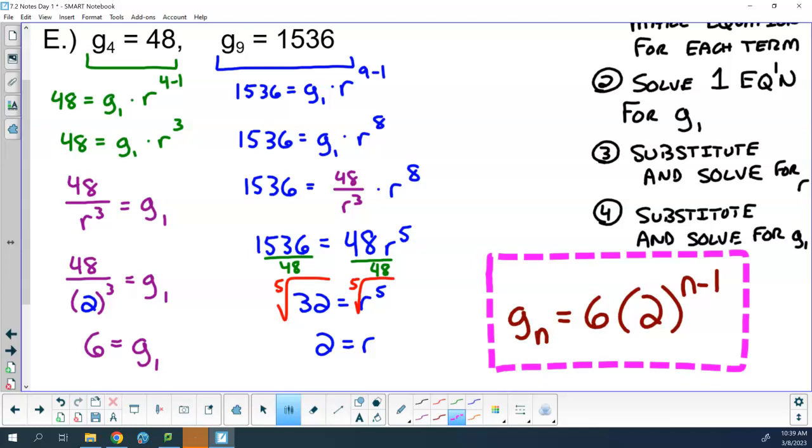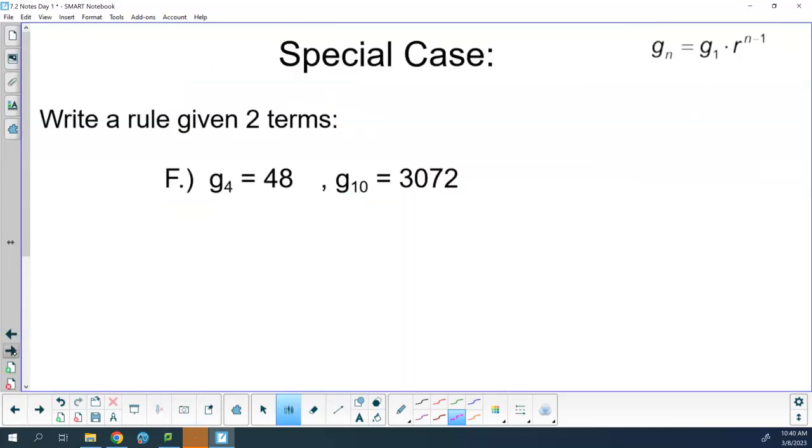Positive and negative, which means you get 2 different r values, which means you have to come up with 2 different rules. It's one of those quirks with geometric sequences and series. So let's set it up and we'll get to the quirk.